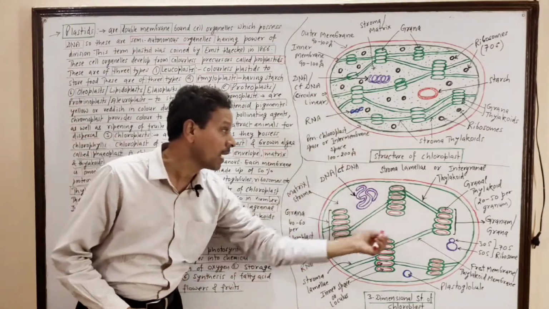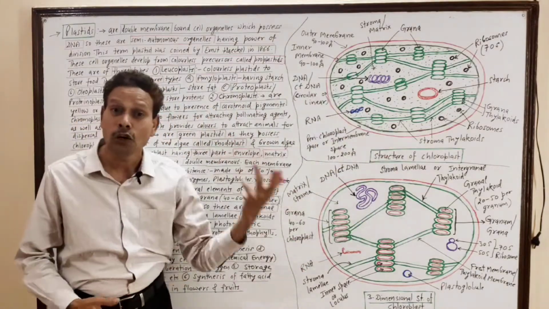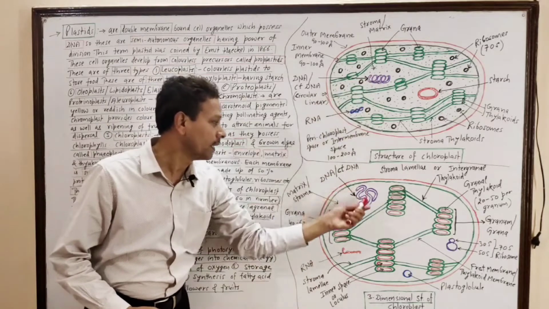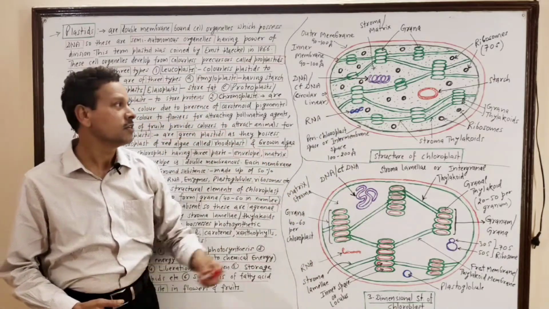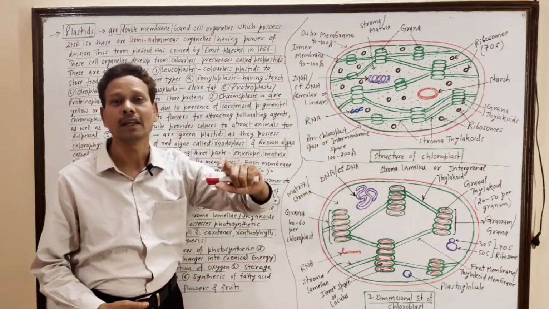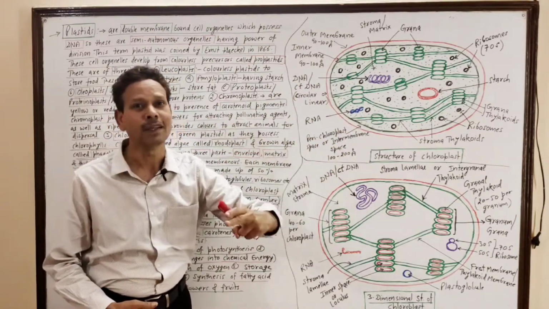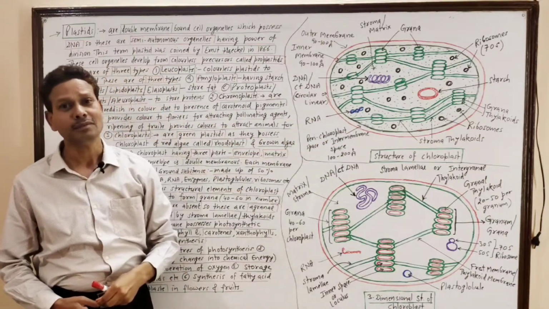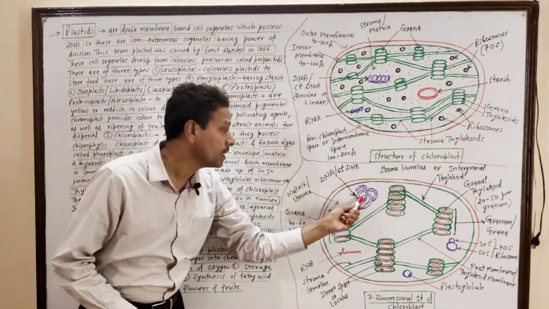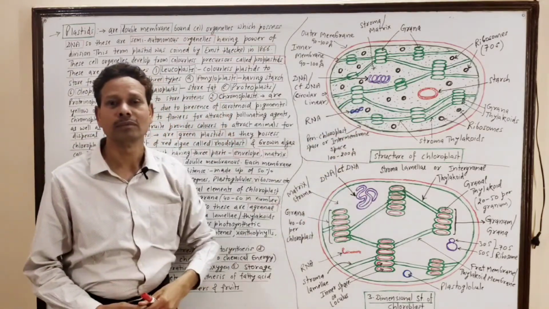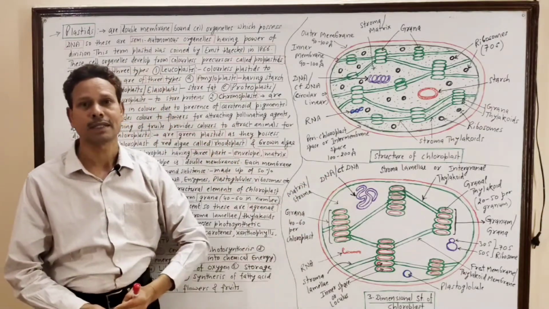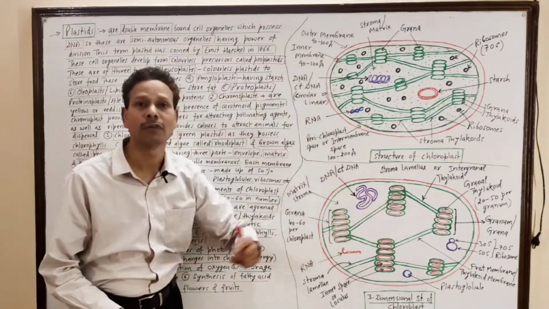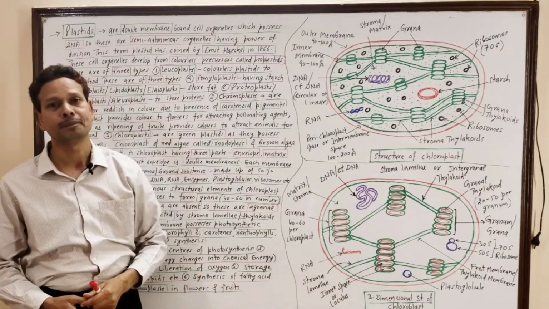Similarly, here in plastids, in chloroplast, the DNA molecule is naked double-stranded. Generally, it is circular DNA, but it may be linear. Due to presence of this DNA molecule, these organelles are semi-autonomous. These have power of division.